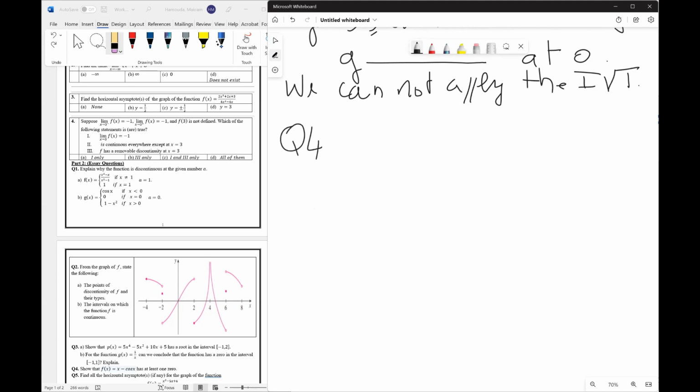In question 4, we want to prove that f of x equal to x minus cosine x has at least 1 zero. So we will guess the interval where we will work. By the way, f is continuous everywhere. It's continuous on R, whatever the interval, because it's x function and cosine function, difference of them is continuous everywhere.